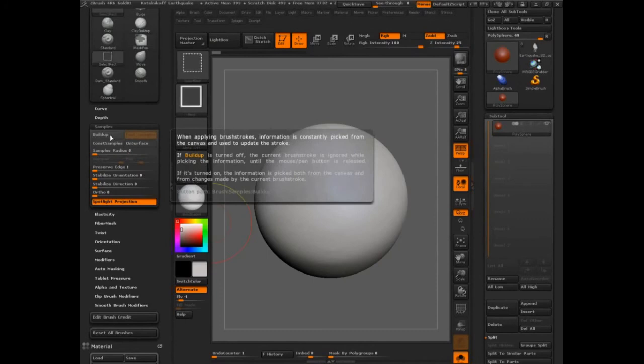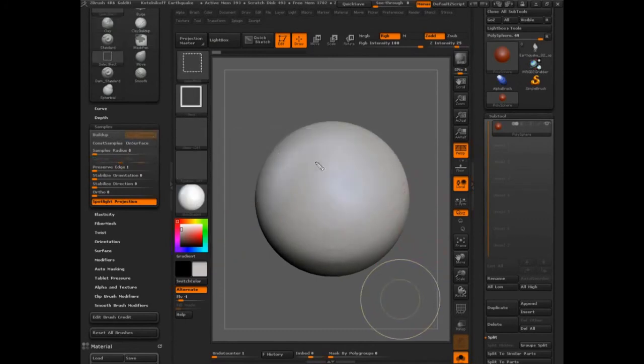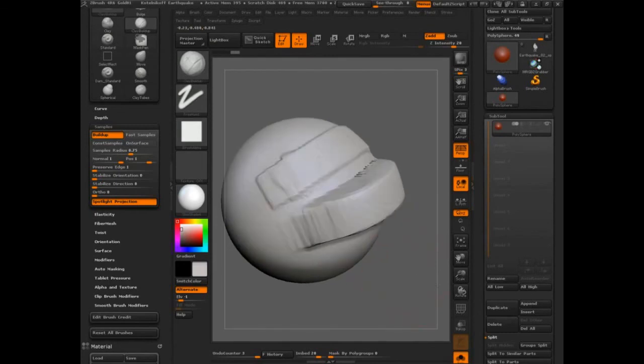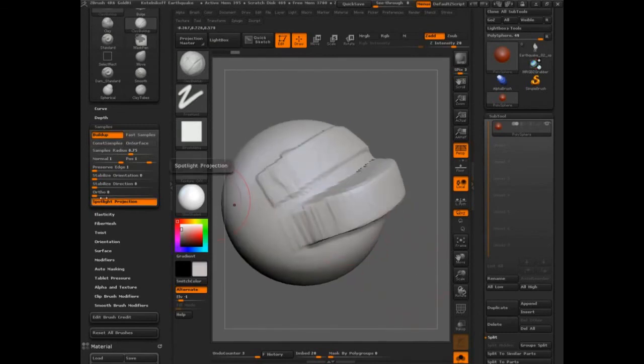But basically, it just means that as your stroke moves along, it continually resamples so that it'll push the elevation up. And this is literally the only significant difference between clay tubes and clay buildup. That's the only difference, is that setting.